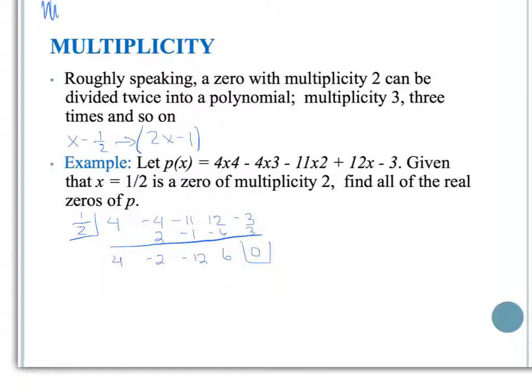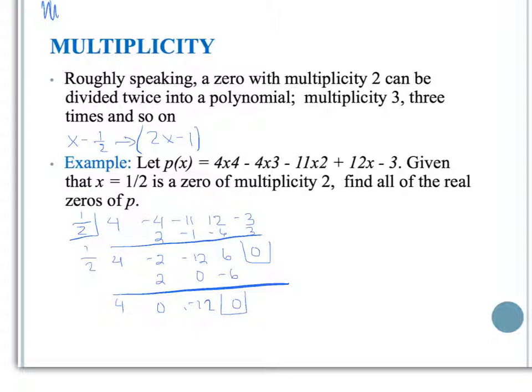I can now take the depressed equation and use the 1/2 again to see what else we can find. And lo and behold, we get another remainder of 0.